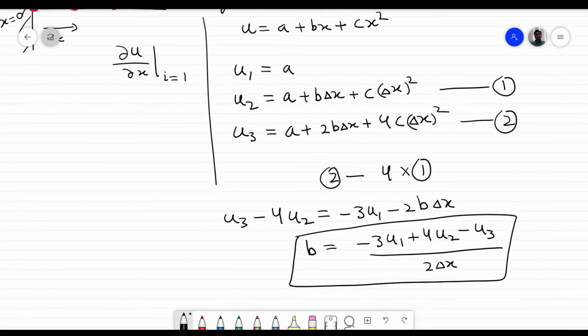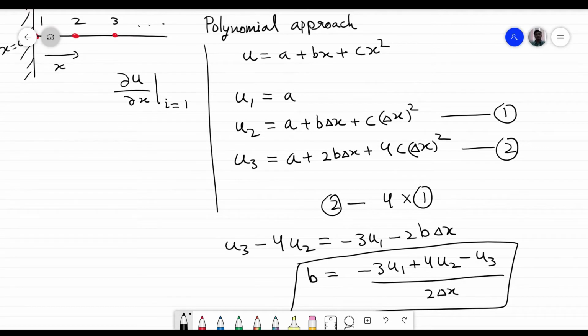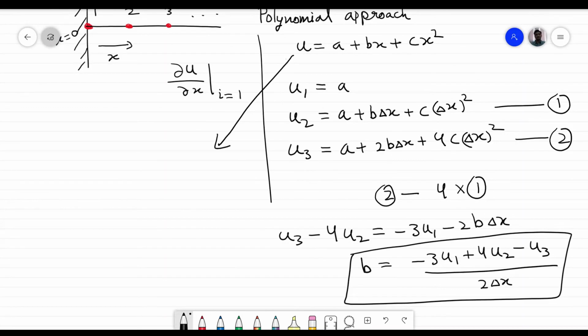Now what is it that we need here? We need dou u by dou x at I equal to 1. Let us directly differentiate this and see what that is. Dou u by dou x at I equal to 1, that is x equal to 0. What is dou u by dou x? It is b plus 2c delta x, b plus 2c, sorry, not delta x, just x. We are differentiating that directly.